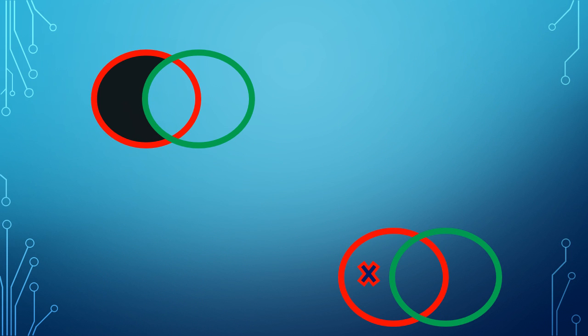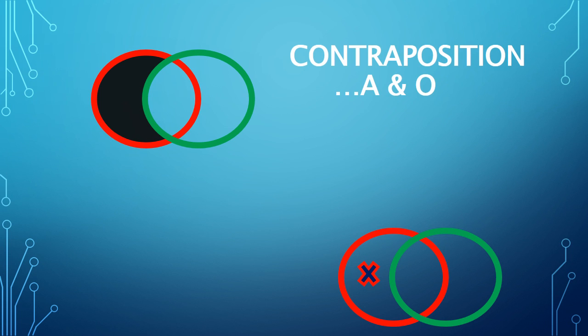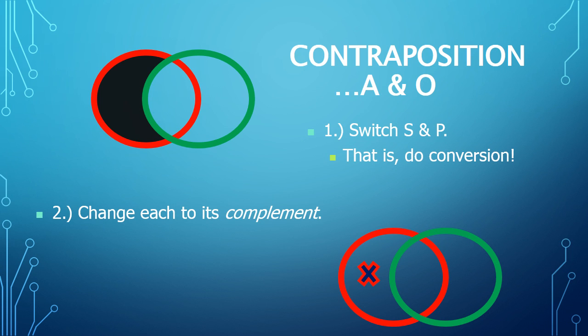And having said that, let's move on to talk about contraposition. That works with the A sentences and the O sentences. What happens is you switch the subject and predicate term, and in that sense, you could say that you start out by doing conversion. But then, after you do that, you change each term to its complement.